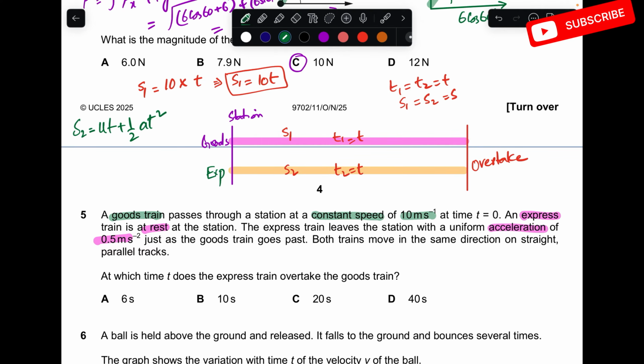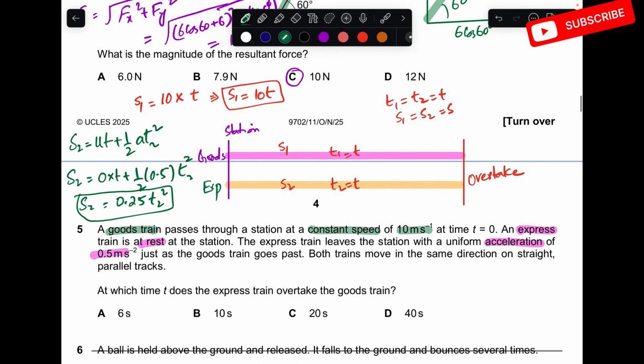So s2 equals initial velocity 0 into t plus half, acceleration is 0.5, into t2 squared. So s2 equals 0.25 t2 squared.